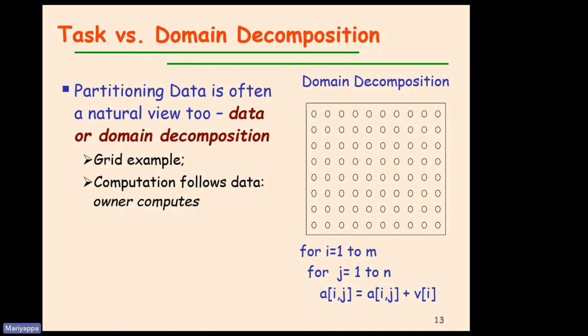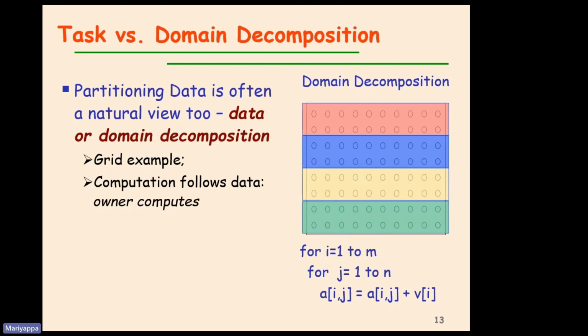The computation on each element can be independent. If I define my task that way in domain decomposition, then I have N squared tasks, which may be too many to manage. Therefore, I can group them into groups of rows or groups of columns, whatever I like.